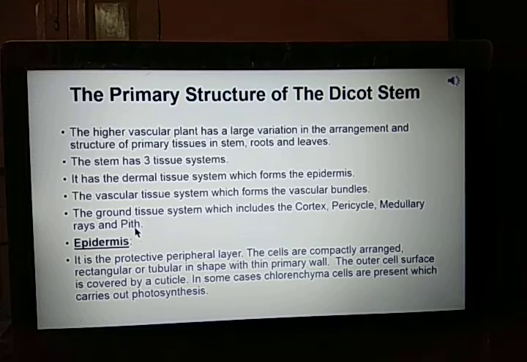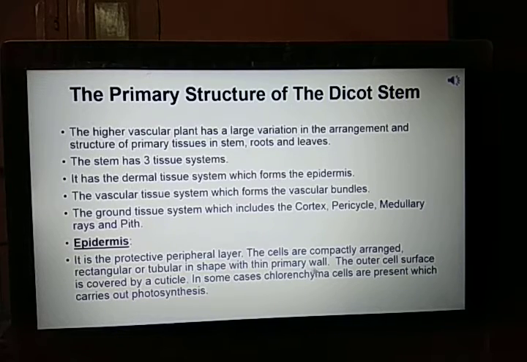Now the outermost protective layer is called the epidermis. In the epidermis, the cells are compactly arranged without any intercellular spaces. They are rectangular or tubular in shape, and their primary wall is very thin.